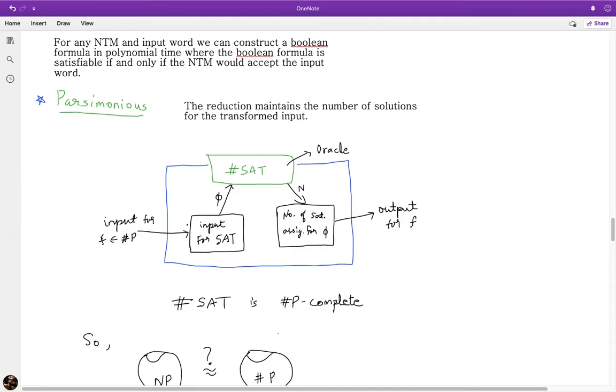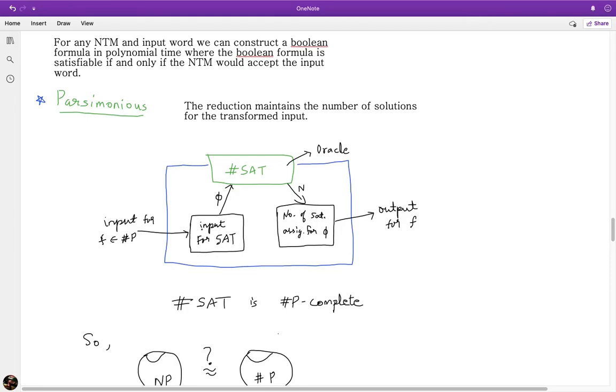So as we have seen, the Levin reduction maintains the number of solutions after transforming the input, meaning the number n, which is the number of solutions for the problem f, is retained when we transform into an input for satisfiability.